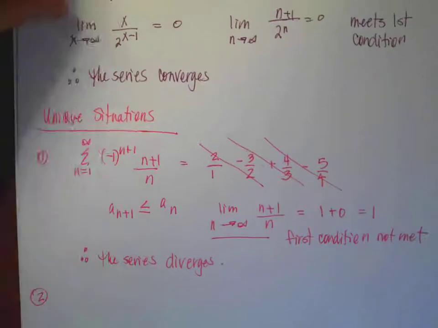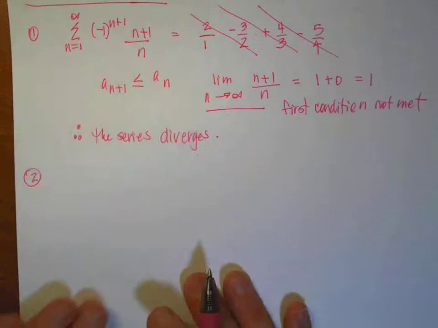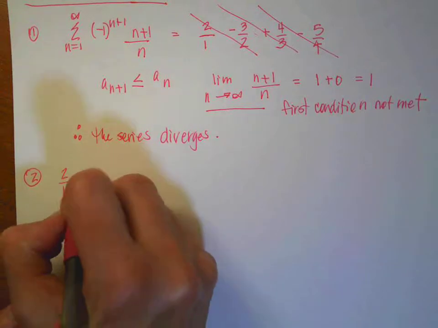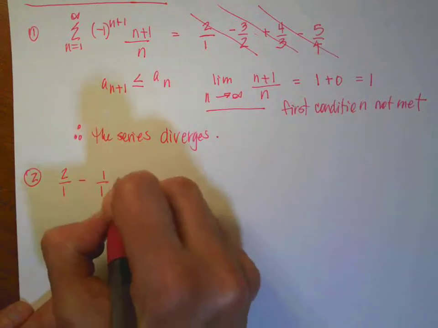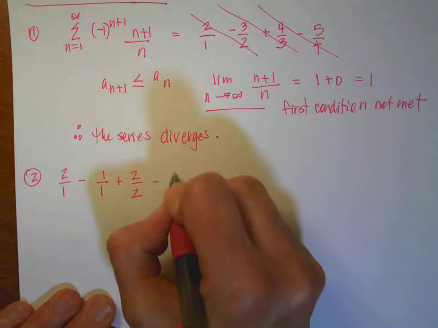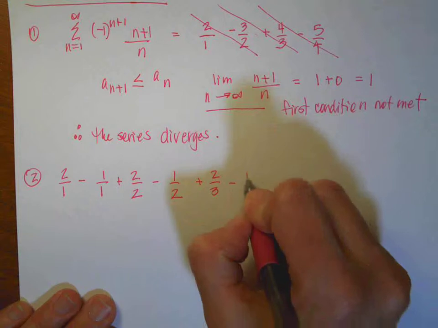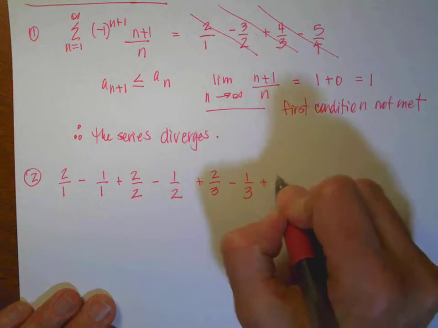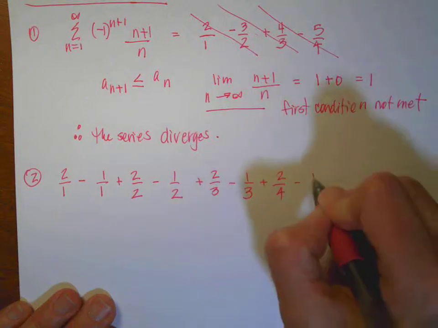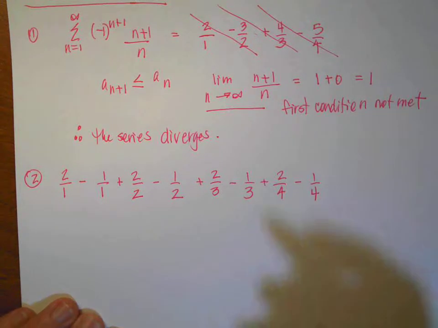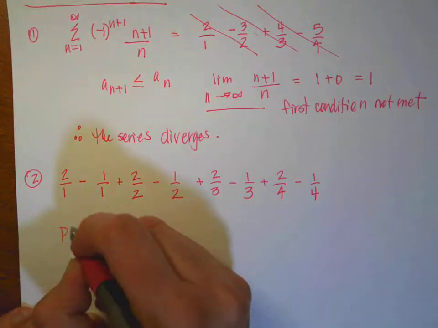Alright, the second unique situation would be, what if I have 2/1 minus 1/1 plus 2/2 minus 1/2 plus 2/3 minus 1/3 plus 2/4 minus 1/4. So that's kind of a crazy looking sequence.